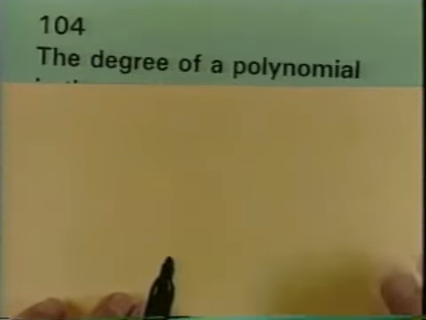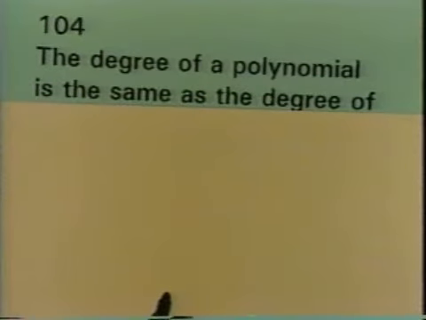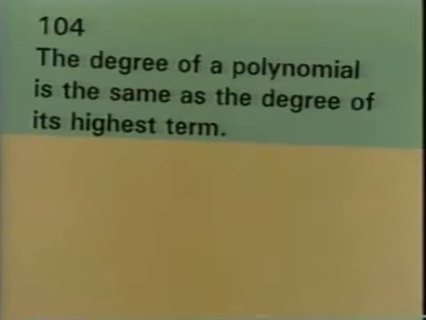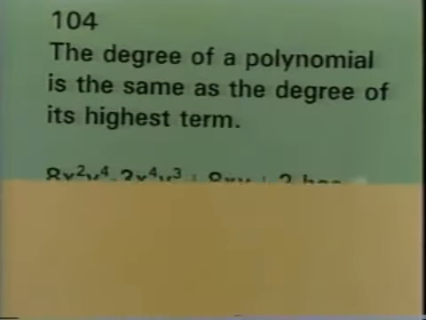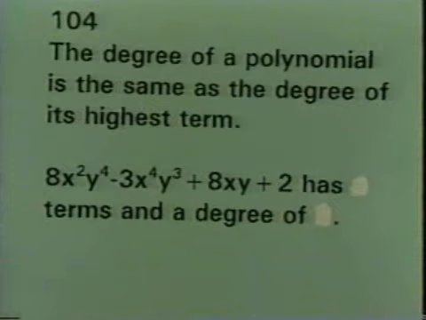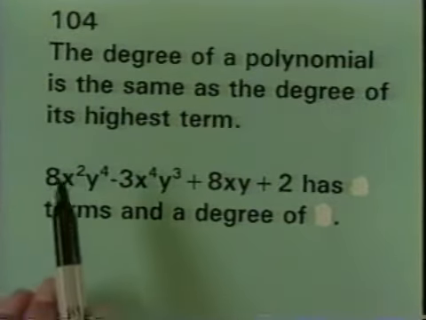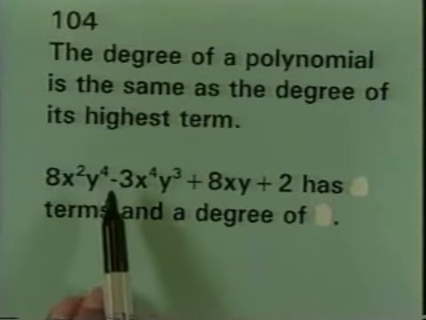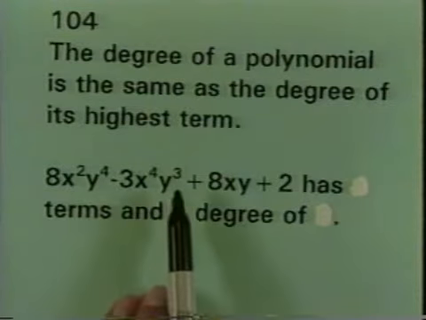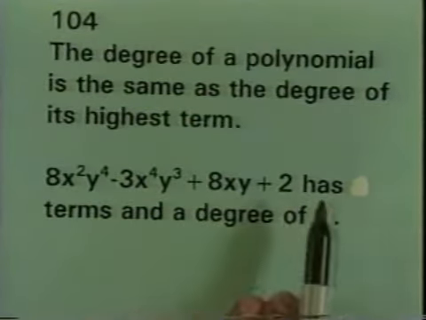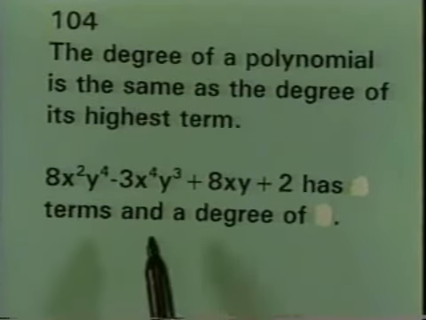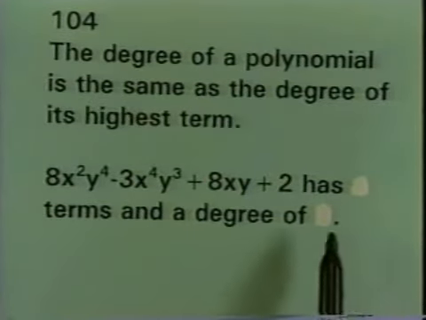The degree of a polynomial is the same as the degree of its highest term. Look at an example. 8x squared y to the 4th minus 3x to the 4th y cubed plus 8xy plus 2 has how many terms and a degree of what?